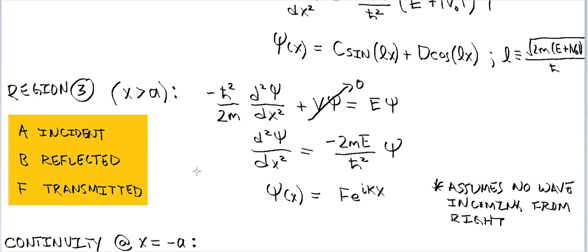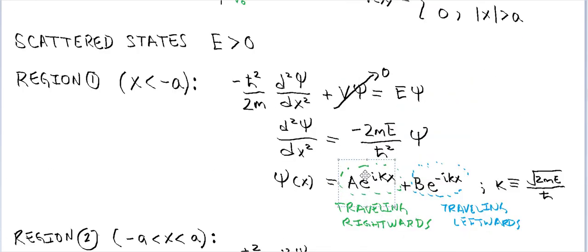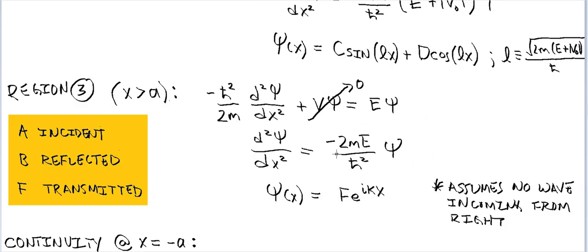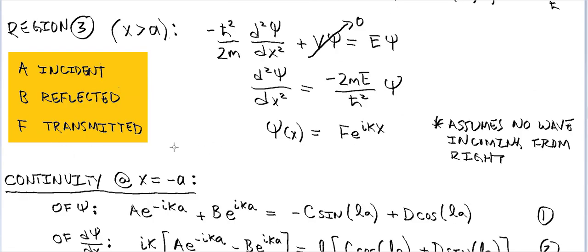Well, I wanted to assume, again, that there is this incident wave traveling rightwards with coefficient A. There is this reflected wave traveling leftwards. And then there is the part of this incident wave that is actually transmitted with coefficient F. What I've assumed here is that there is no wave incoming from positive infinity towards this barrier.